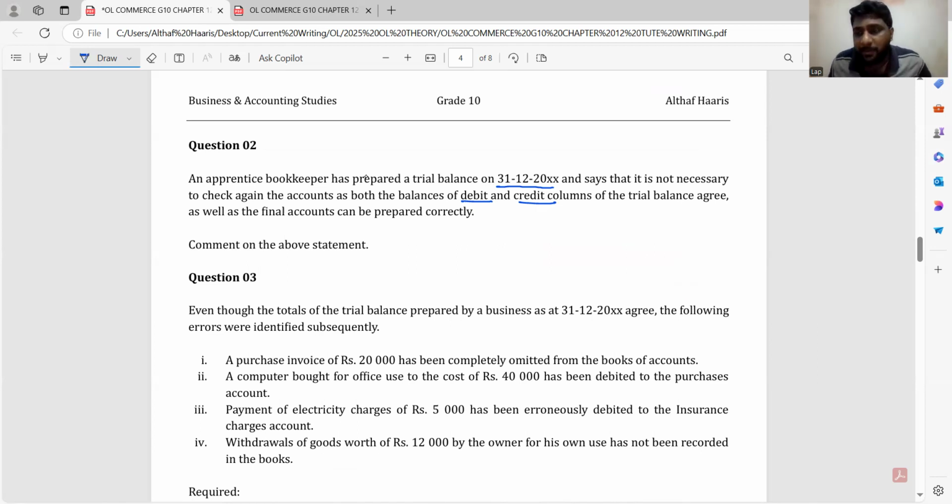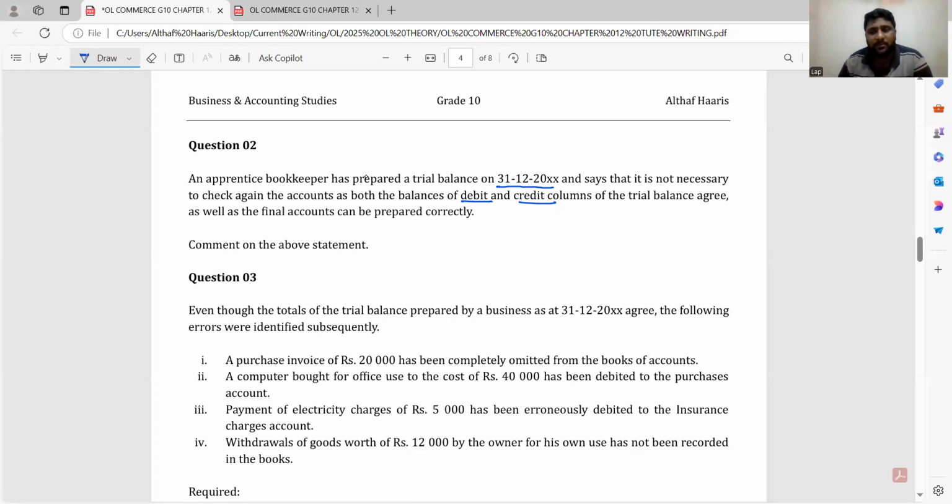We can directly prepare the final financial statements because the trial balance is balancing. Can we follow what he is telling? He is telling no need to check the accounts again, there are no errors because the trial balance is balancing. So can we agree with his statement?